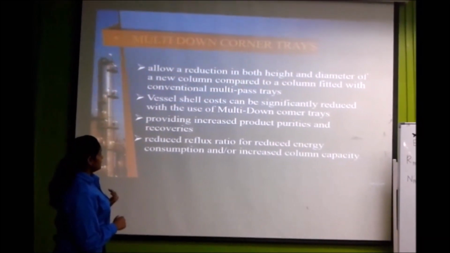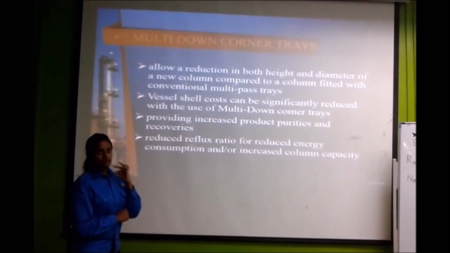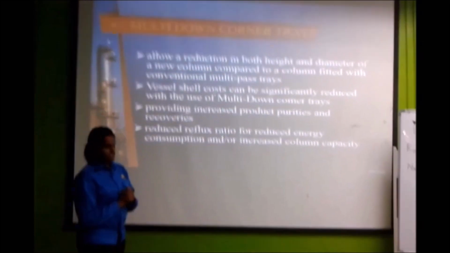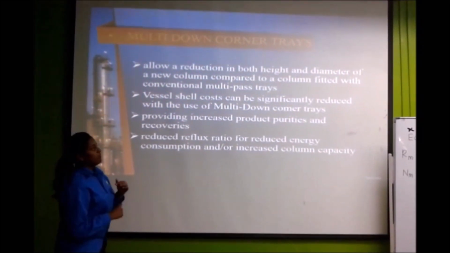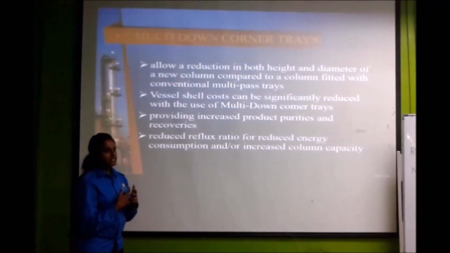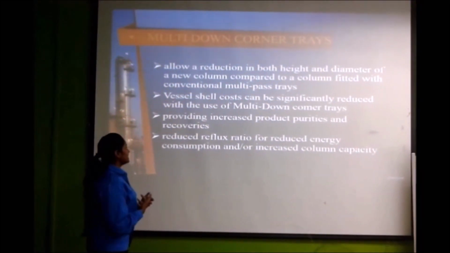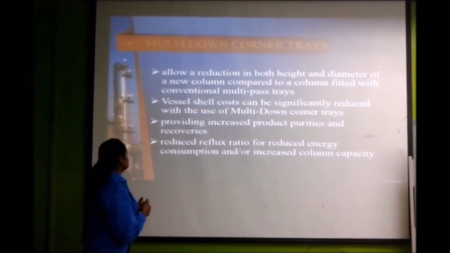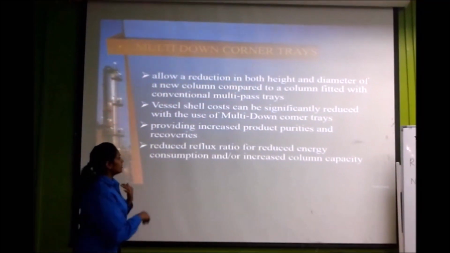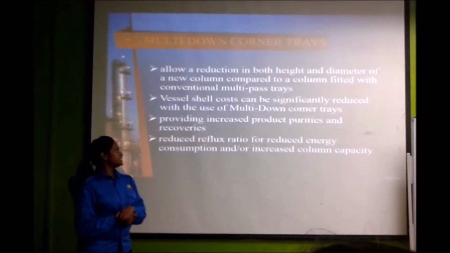The vessel shell cost can be significantly reduced with the use of multi-downcomer trays. It can provide increased product purities, whereas the purity may be about 90% and the recoveries will be increased. It will reduce the reflux ratio or reduce energy consumption or increase the column capacity.